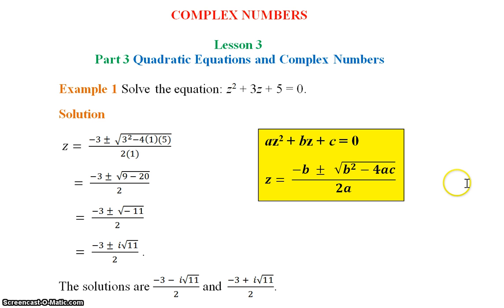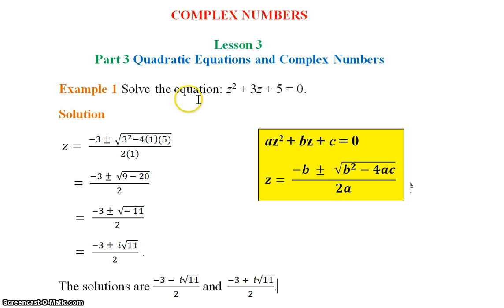So this formula z equals minus b plus minus square root of b squared minus 4ac divided by 2a could be applied to get the solution of a quadratic equation in the field of complex numbers.